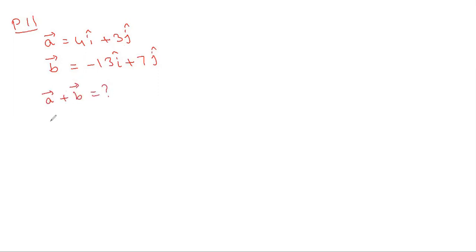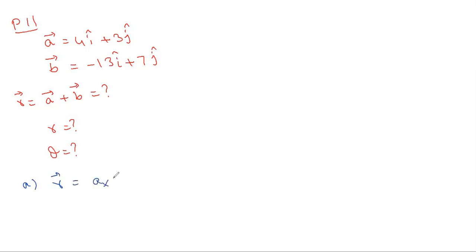Let me call this vector r. So we have to find r and we have to find theta. I think this problem is quite easy to do. To find r, you just have to add the x components and the y components.